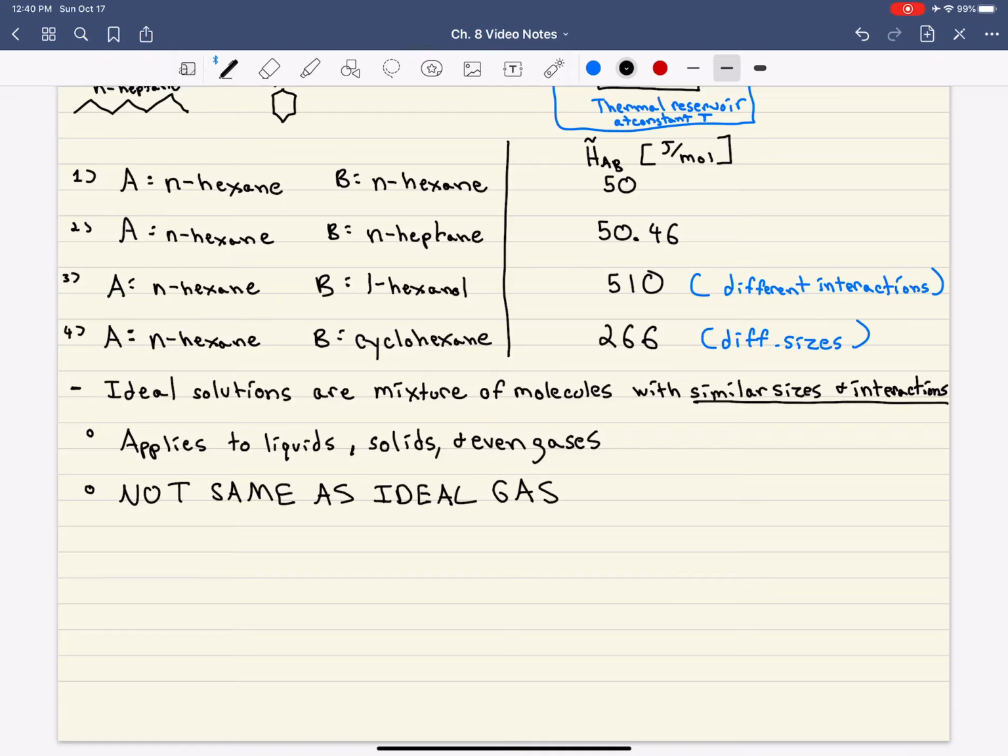They don't take up any space. While with an ideal solution, we are specifically talking about how the molecules do take up the same amount of space and that they have interactions with one another. So an ideal solution is a framework for understanding how chemicals behave when they're being mixed together.